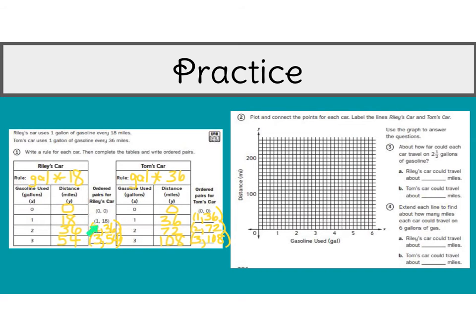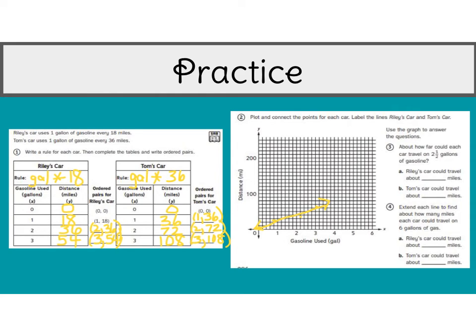Then we filled in our ordered pairs here. And now we are ready to start plotting that data. Now notice that it's information for Riley's car and information for Tom's car. So I might want to put that data in 2 different colors, or if you want to do the same color, that works as well.